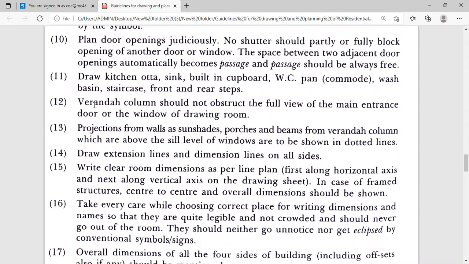Means whatever veranda or porch we are going to provide, generally for the porch sometimes we can go for cantilever beams, or sometimes a single column we are going to provide to support the beams, okay. So whatever column we are going to provide, due to that column any kind of obstruction should not be there to the view of the main entrance and all those things.